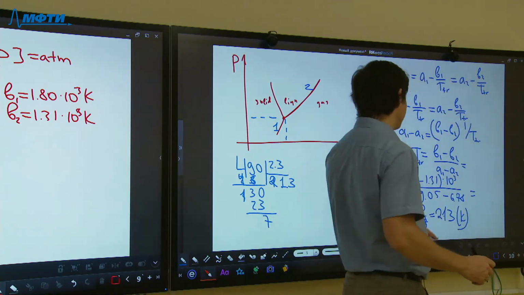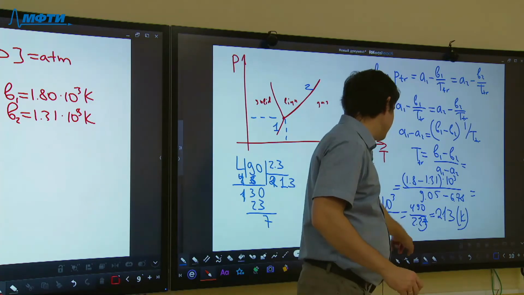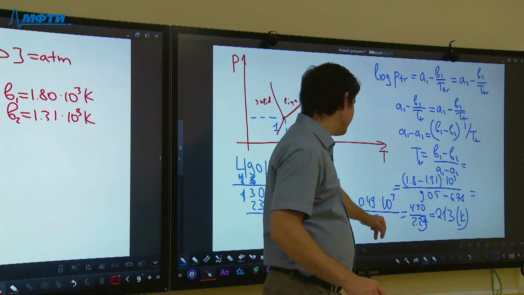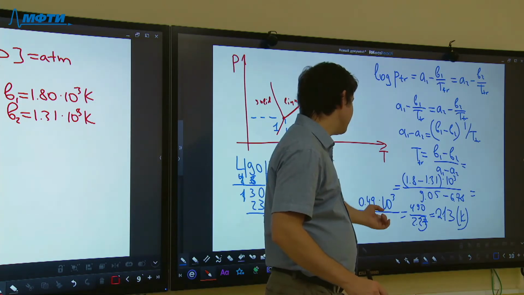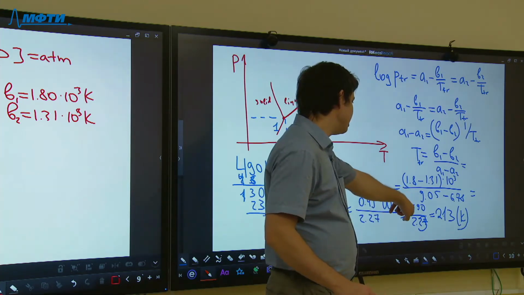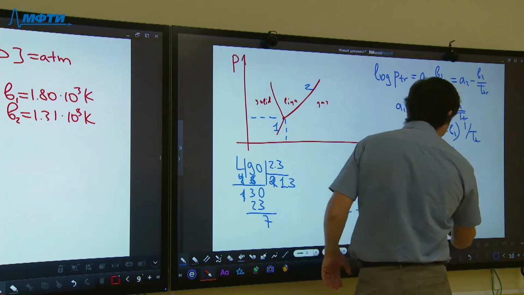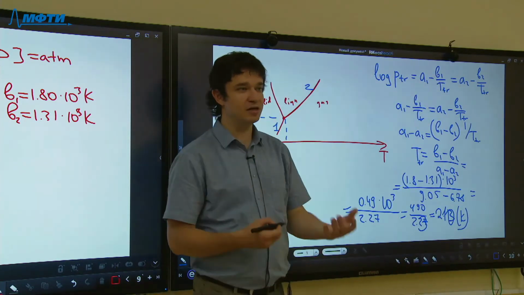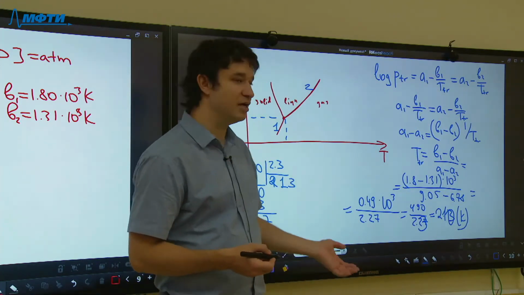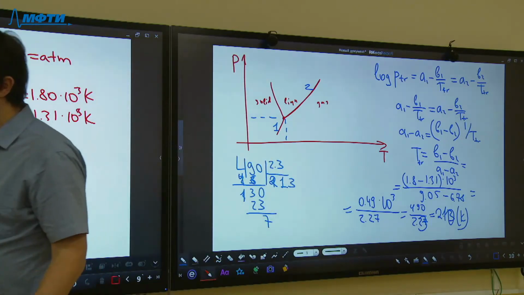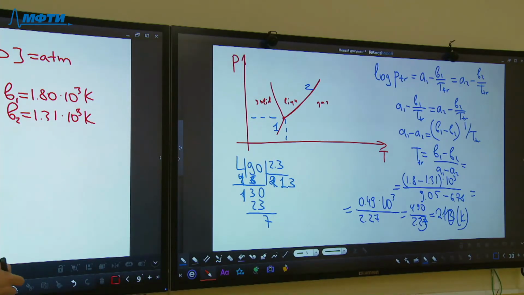Of course, it's approximate because I have made some approximation here. I have made probably a mistake of 1%. So I have increased the denominator approximately by 1%, which means I need to decrease my answer approximately by 1%. So probably it would be somewhere between 210 and 211, if you want some more accuracy.